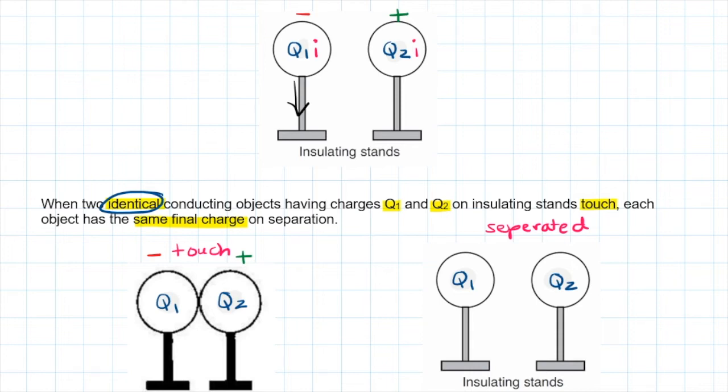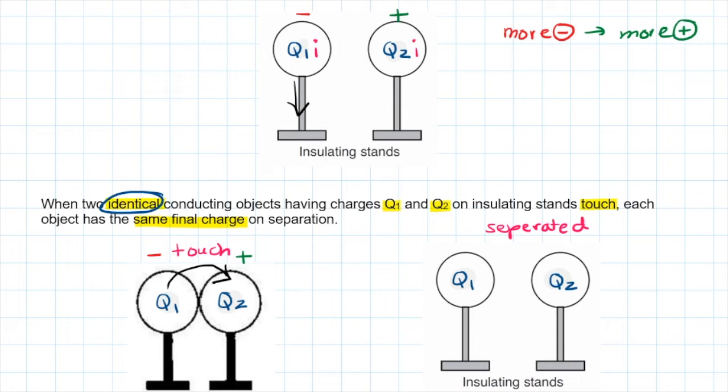Electrons will always move from the more negatively charged object to the more positively charged object. This is based on the fact that electrons repel each other and they want to be as far away from each other as possible. So they move from the more negative to the more positive object. In this case, electrons are going to be transferred from Q1 to Q2.